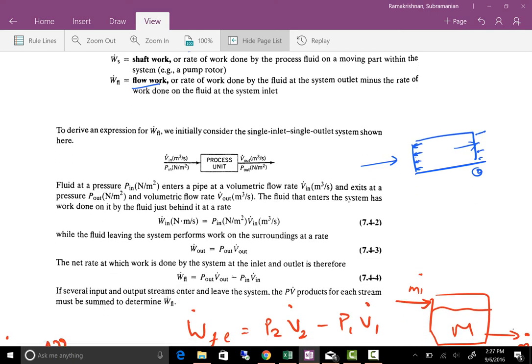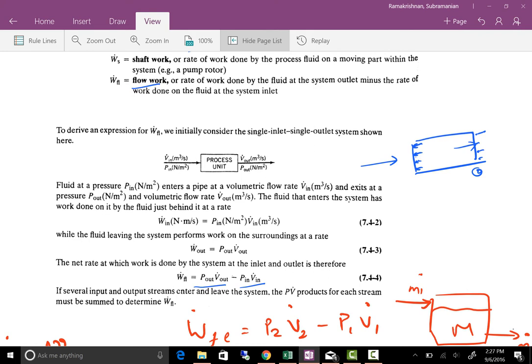So that is why the net rate at which work is done by the system is at the exit minus that at the inlet, right? Because at the exit, the system does work on the surroundings, while at the inlet, the surroundings does work on the system.